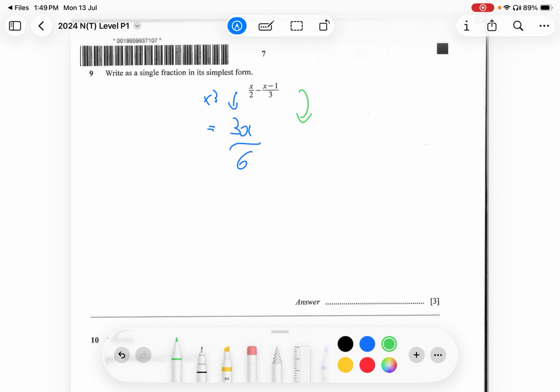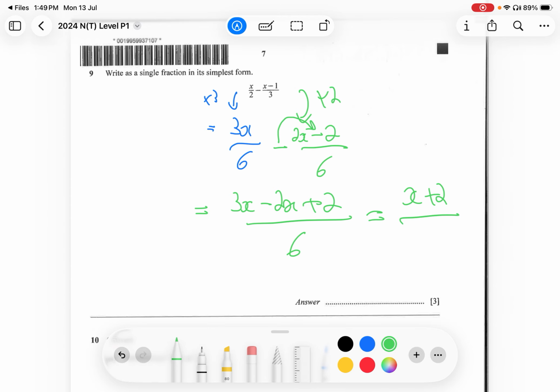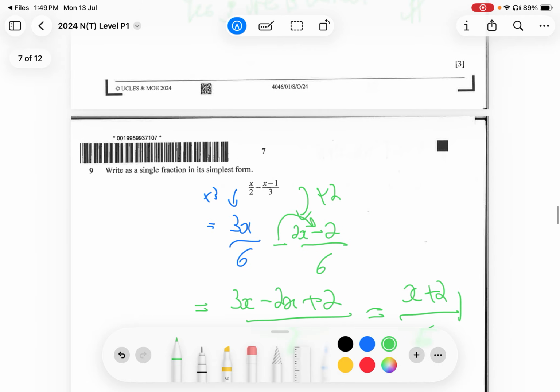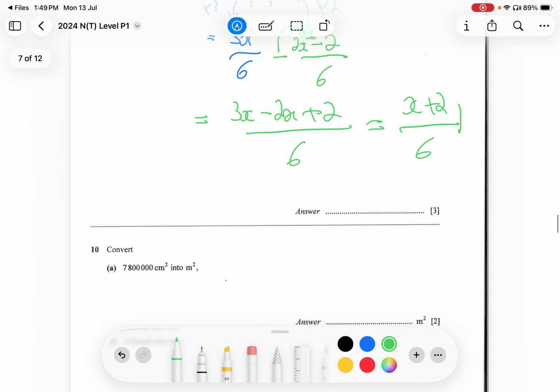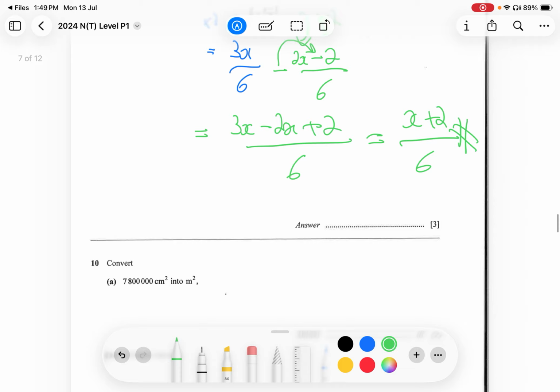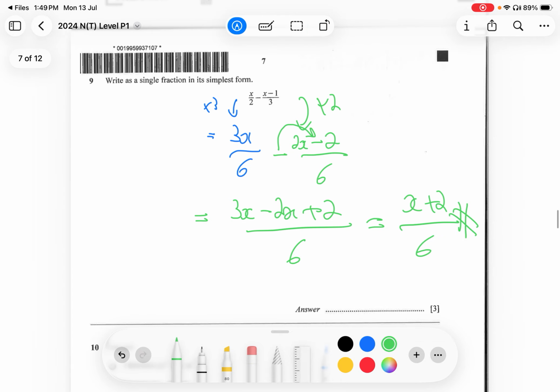This one times 2, minus 2x minus 2 over 6. Combine over the common denominator 6: 3x minus 2x, minus minus is plus, plus 2. So it's x plus 2 over 6. This is the final answer. Combine both fractions into one fraction.